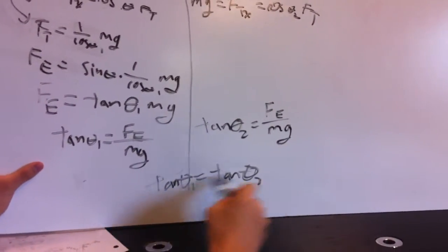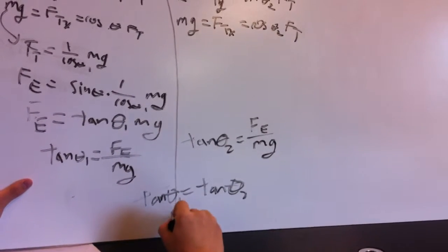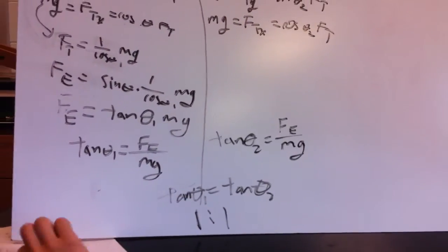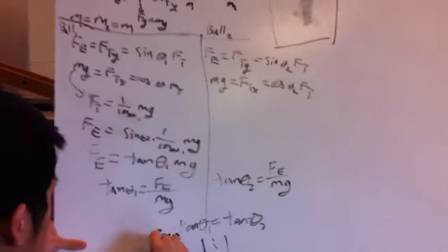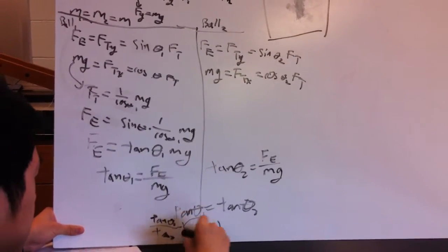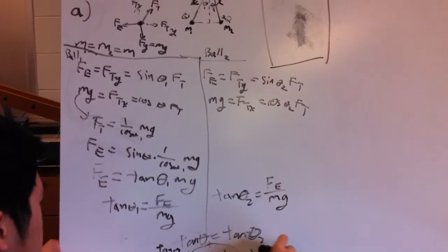And therefore the ratio between the tangents is 1 to 1, because tan theta 1 over tan theta 2 equals 1. So 1 to 1 ratio, that is 1 over 1.